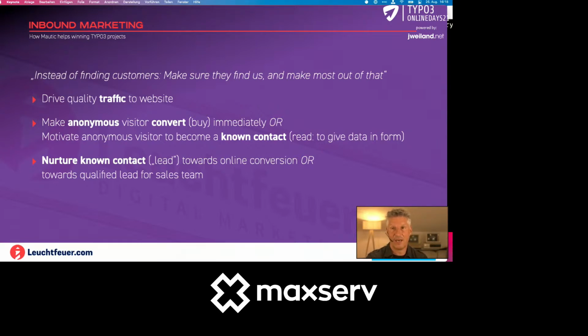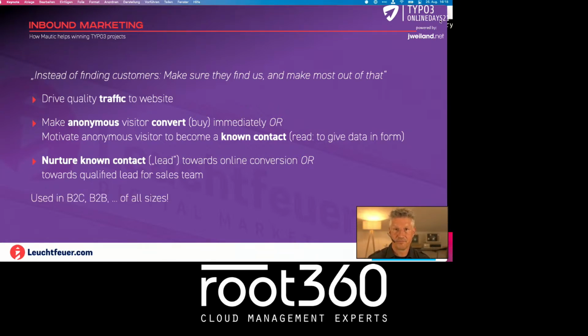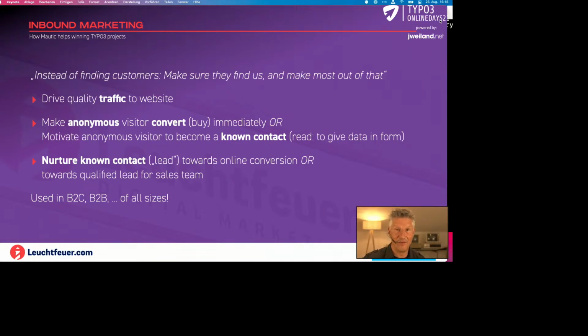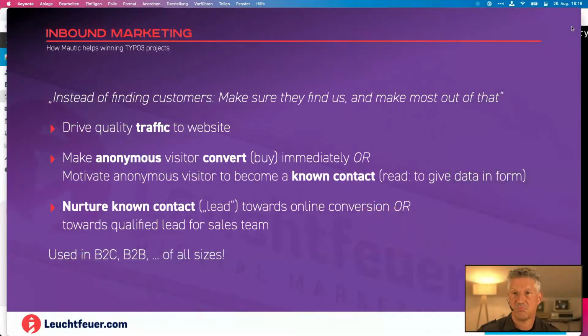So if the client is at a stage where it makes sense, we can then hand over to the sales team. Sounds a bit, well, sophisticated, if nothing else, but that doesn't mean it applies only to large stores or whatever. It applies everywhere, basically. B2B, B2C, even B2E, and small stores to people all the way up to really large corporations.